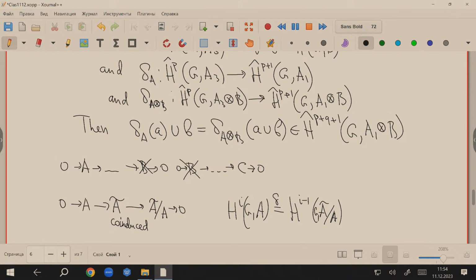But for Tate cohomology, zero cohomology of a co-induced module is everywhere trivial.